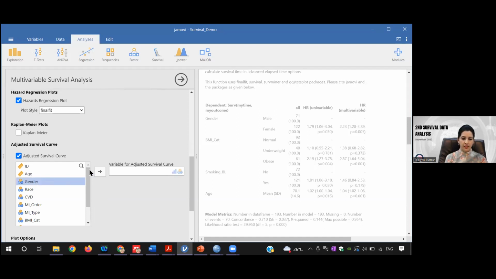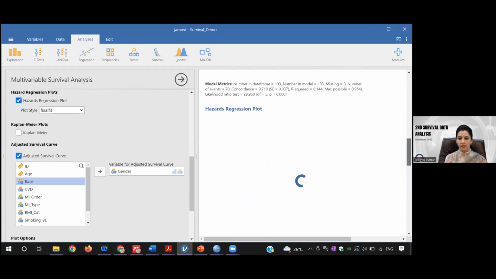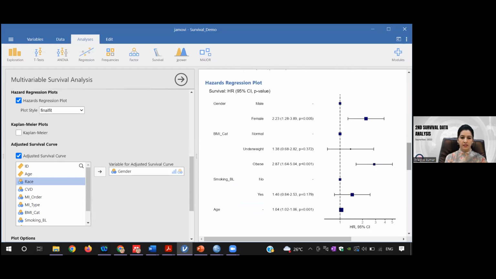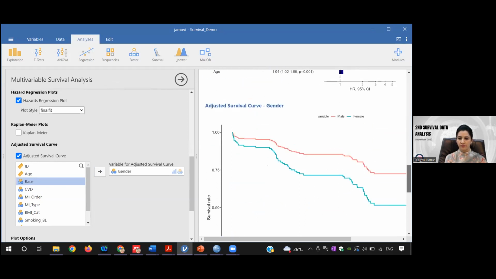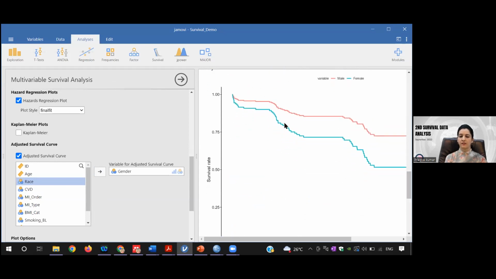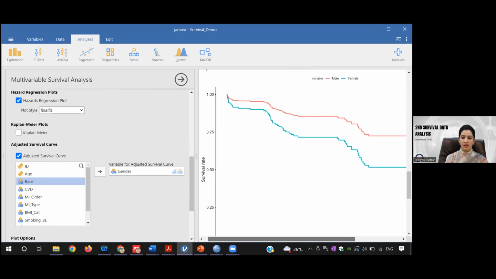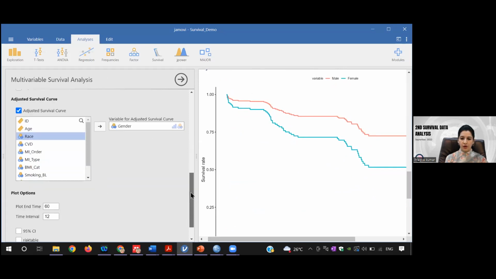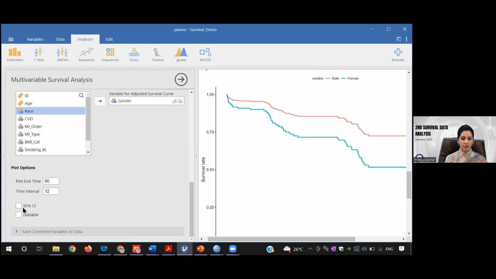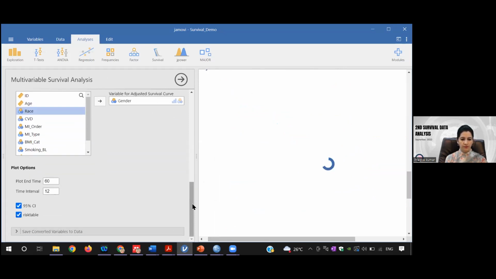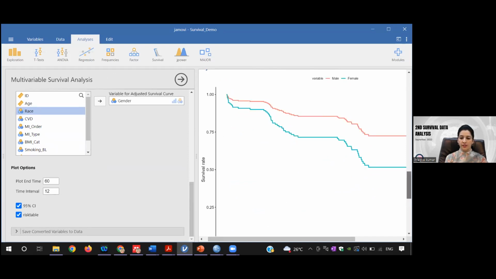So maybe I click gender here and then see how the hazard regression is. So this is the adjusted survival curve. Can you recall what the unadjusted one was? Okay, I'll show you. This gives you the adjusted survival curve for each variable.